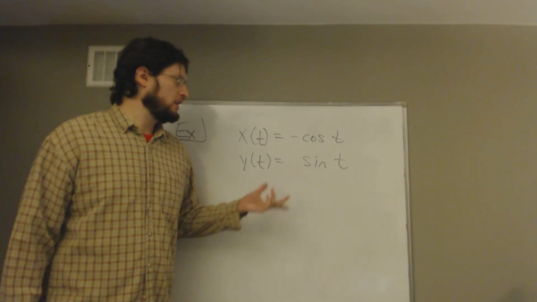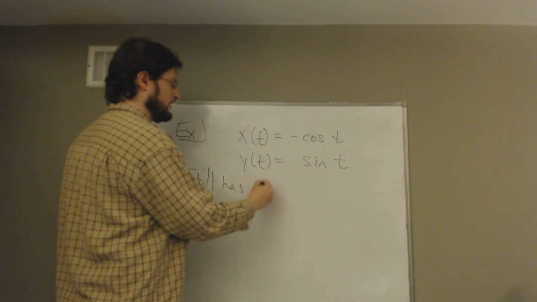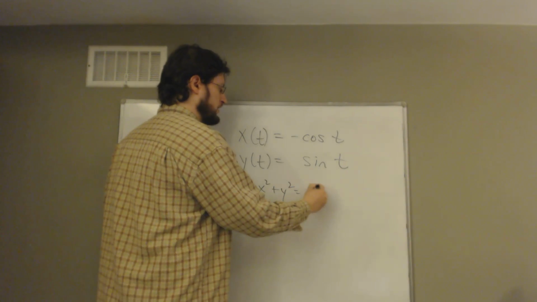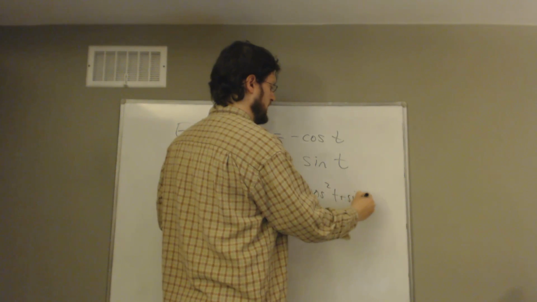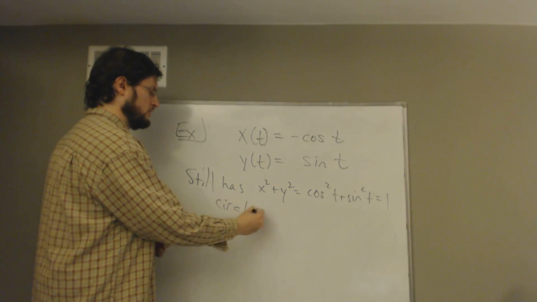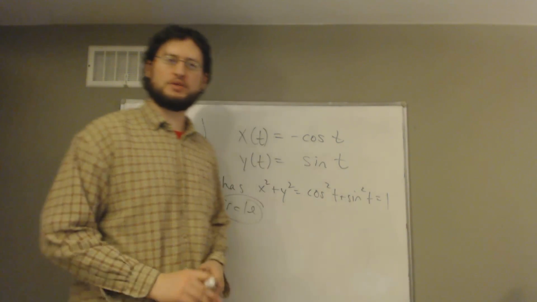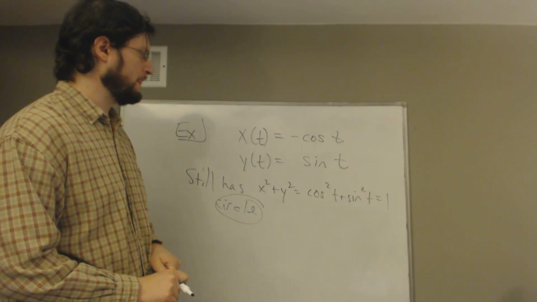Well, what changes? This still has x squared plus y squared is cosine squared plus sine squared is 1. So this still is the circle, because the x and the y fit the equation x squared plus y squared equals 1.